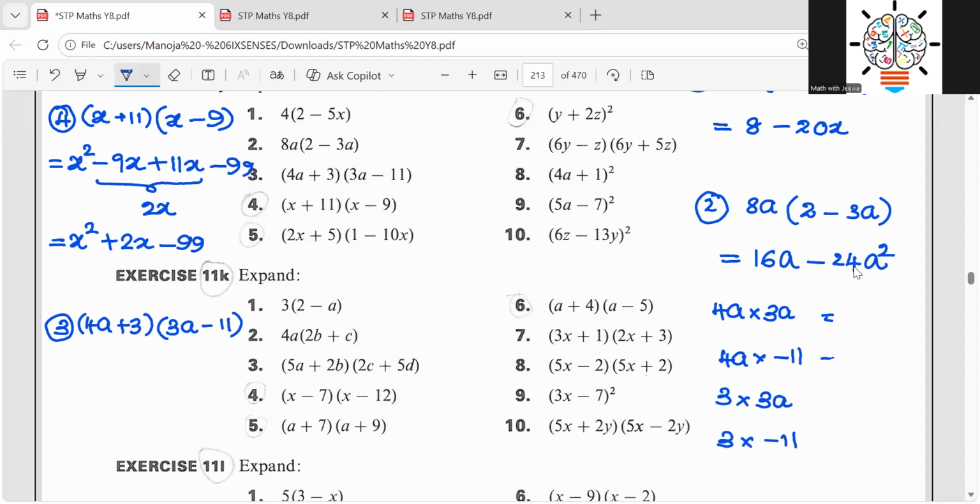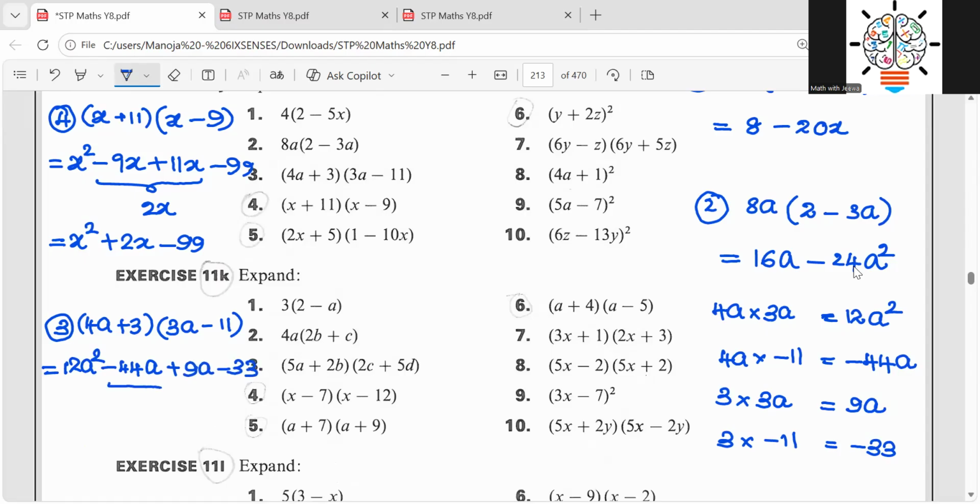You write the things like this. 4 times 3, 12, a squared. Then 4 times negative 11, negative 44a. So then 3 times 3, 9a, and 3 times negative 11, negative 33. Right? So you quickly write this and come here and write 12a squared minus 44a plus 9a minus 33.